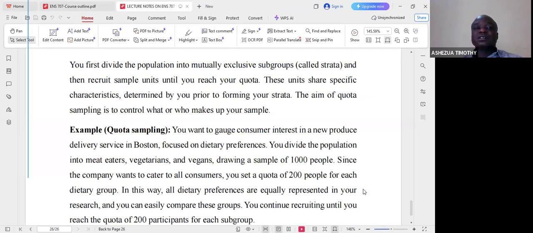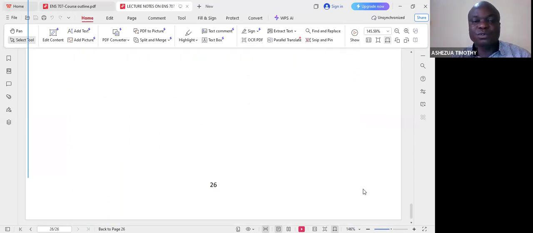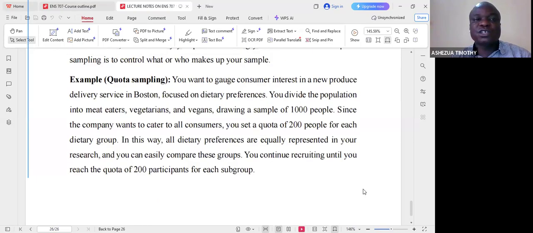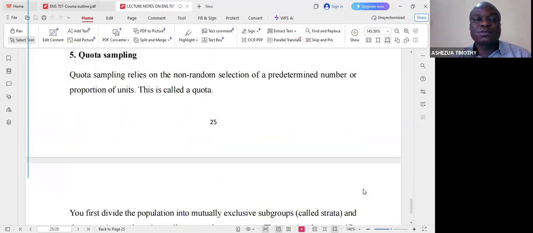As the company wants to cater to all consumers, you set a quota of 100 for each dietary group. In this way, all dietary preferences are equally represented in your research, and you can easily compare the groups. You continue recruiting until you reach a quota of 100 participants for each subgroup. So this is an example of quota sampling.